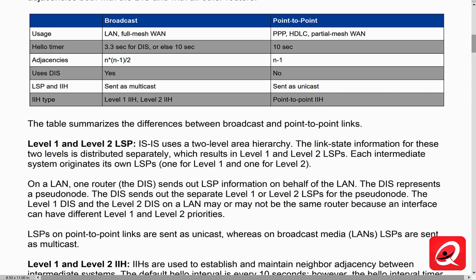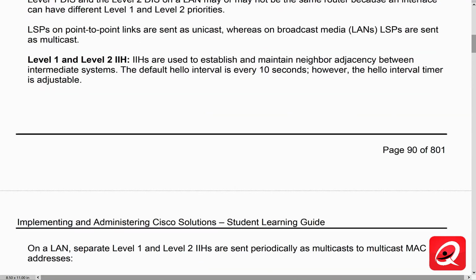We're using 0180.C200.0014. That is the all level 1 ISs, and 15 is the all level 2 ISs.